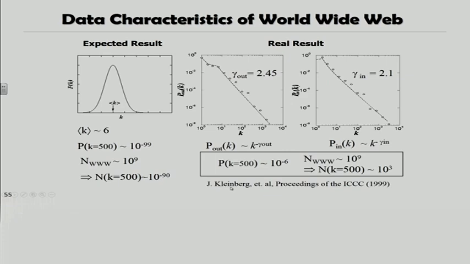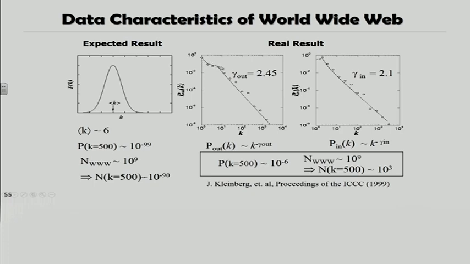Actually, Jon Kleinberg in 1999 really plotted the internet, the degree distribution, whether you have one connection or lots of different ones. He used K and the probability.